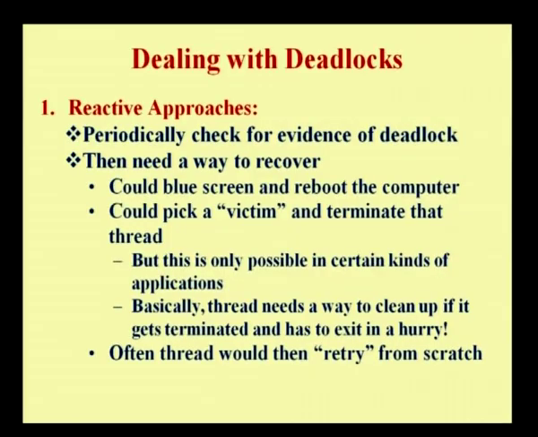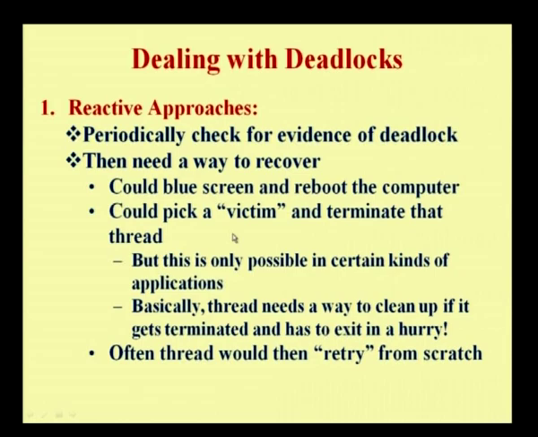Now how do I deal with this kind of approach? Here we need to have a periodical check of events, whether any kind of deadlock happens or not. Supposing we are able to find a particular deadlock occurrence, then we need a way to recover it. Either we need to reboot the system or we need to pick a victim and terminate that particular thread.